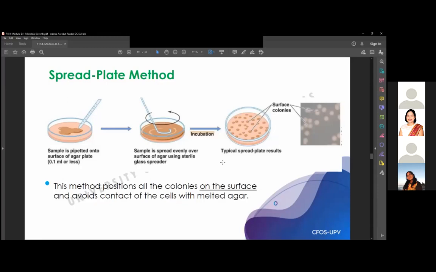In the pour plate method, you are giving your bacteria a wider area for growth kasi pwede silang mag-grow within the medium.